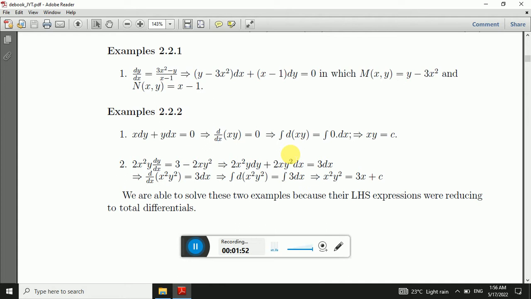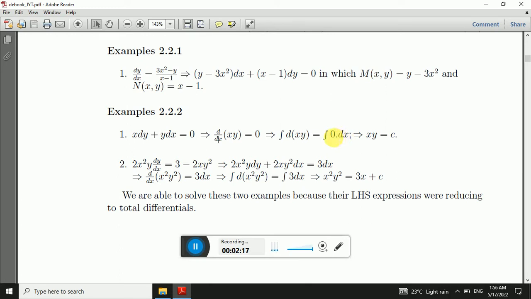I think that is clear from your A-level mathematics. So from here you have the integral of d(xy). When you integrate d(xy), you remain with xy equaling to the integral of 0 dx. What do you get when you integrate 0 with respect to x?